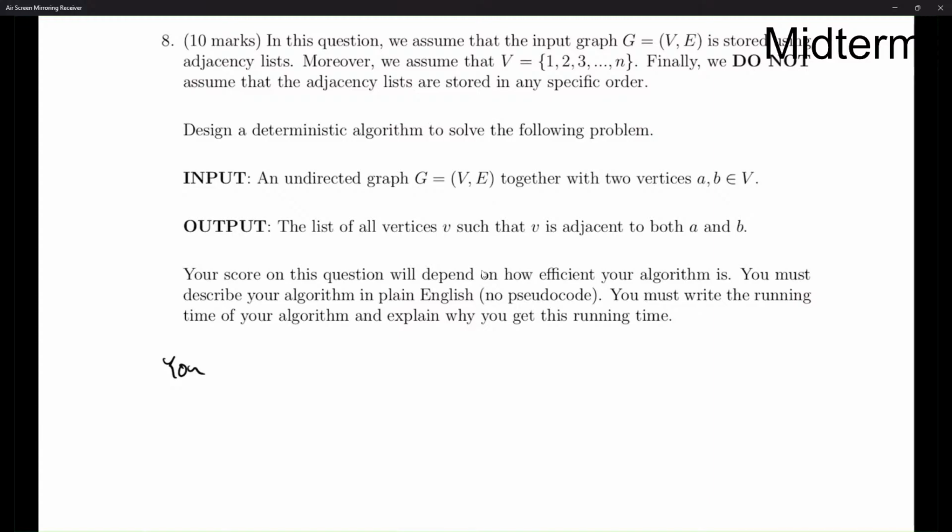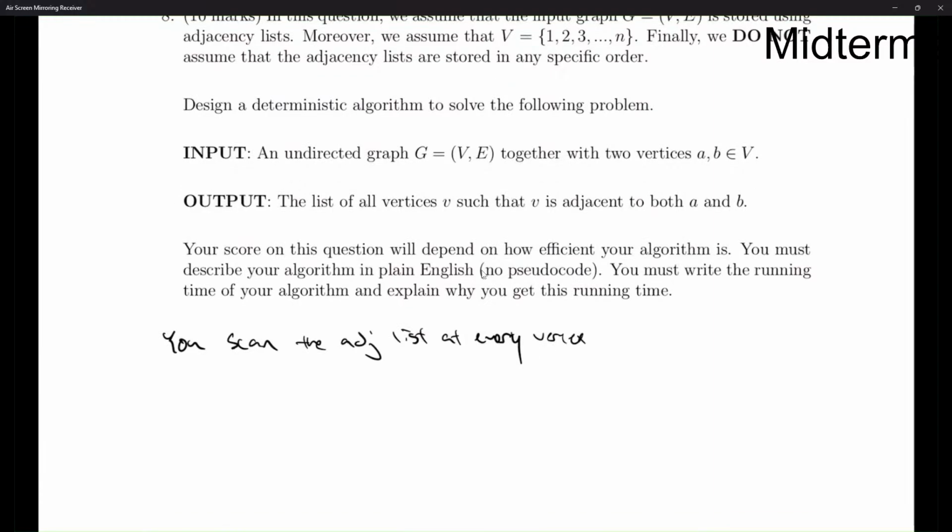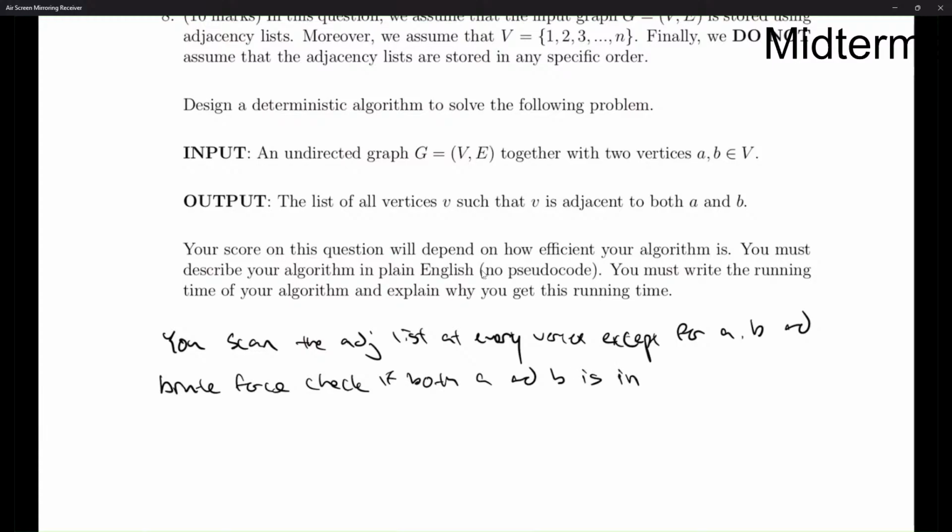You scan the adjacency list at every vertex except for A and B, and brute force check if both A and B are in the list.